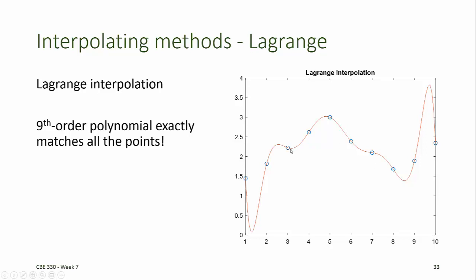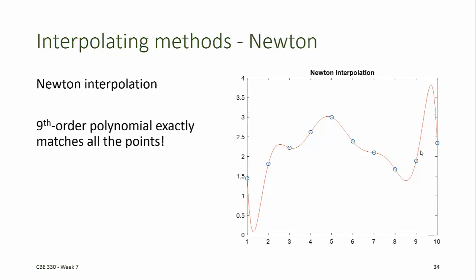However, at values of the independent variable near our endpoints, we can see that our interpolating polynomial does not do a very good job. We would not want to use this interpolating polynomial at x equals 1.2 or at x equals 9.8, for example. This type of wild behavior near the endpoints is common for polynomials that are designed to exactly match all of the data points.